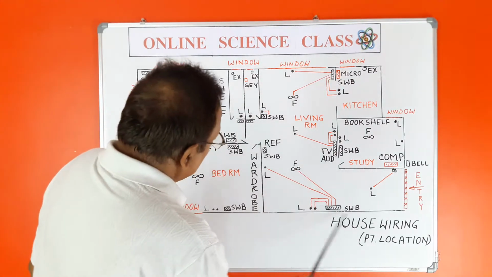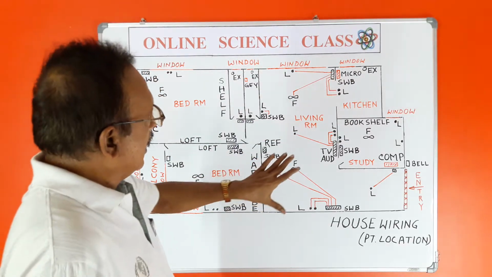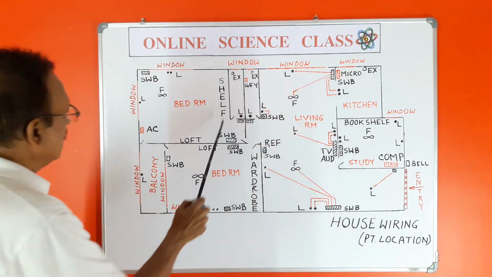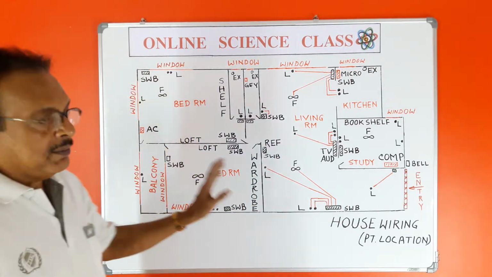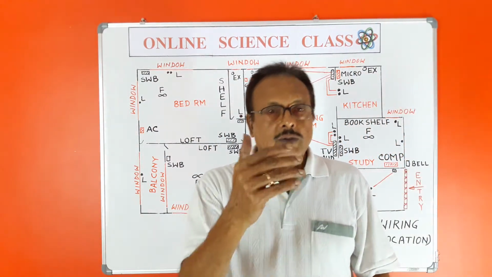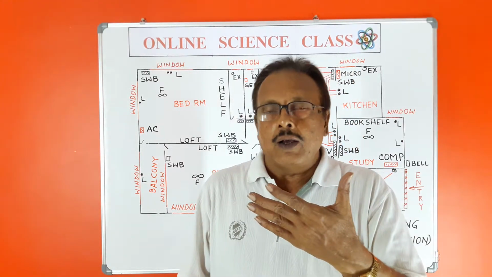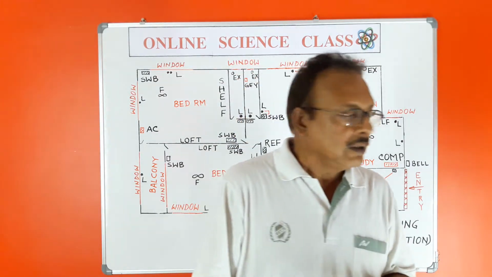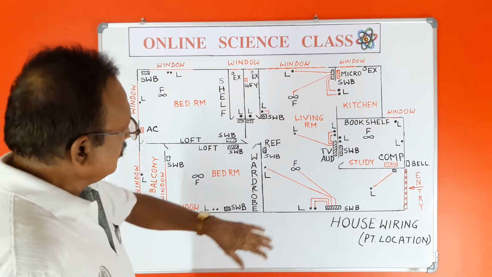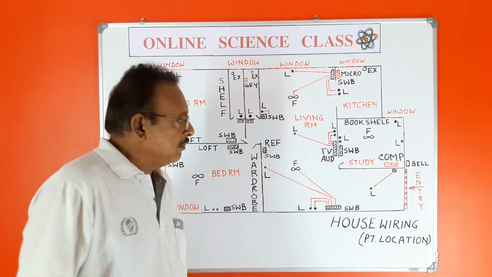You give this drawing to the electrician only for this, not for the whole. After this, you make the same thing for this area, this area, and in separate 4 or 5 sheets you hand over a copy to the electrician, and you also keep 1 copy. And the electrician will have a clear-cut idea where the points have to be met. So this is the way of locating the points and how you will have the diagram.